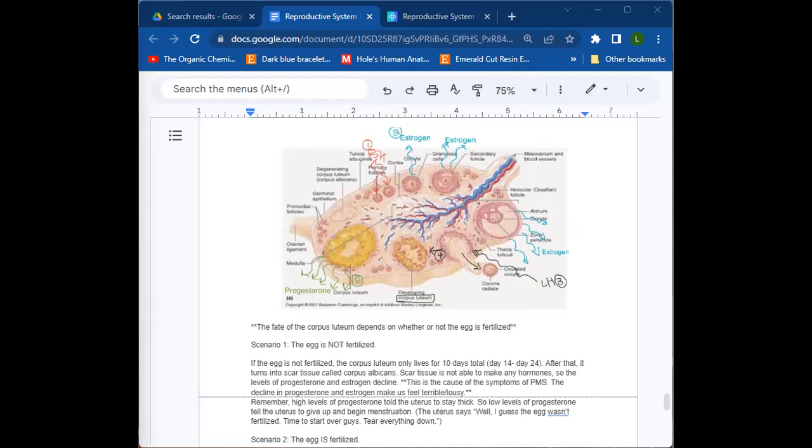Okay. And then we need to also know that high levels of progesterone tell the uterus to stay thick. So low levels of progesterone are basically going to tell the uterus to give up.